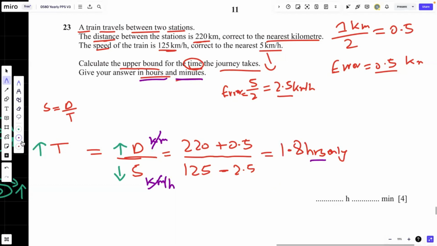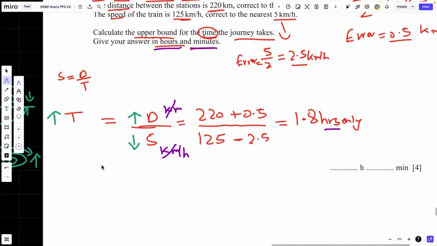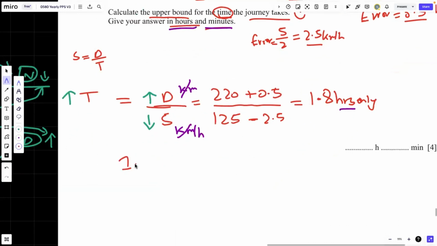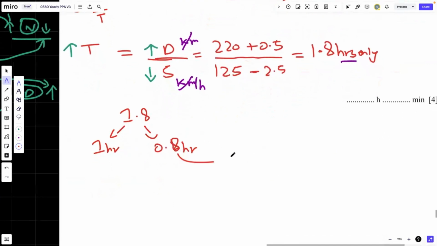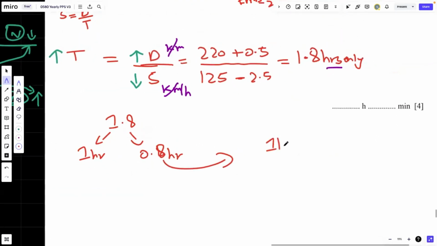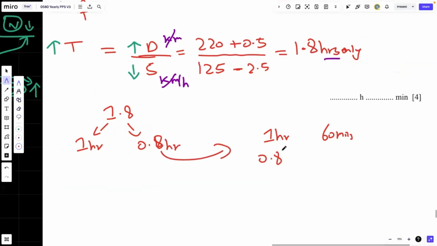So we'll just convert it without using a calculator. We do have a feature on the calculator as well to do this, but 1.8 we do know has 1 hour obviously and 0.8 hour. Now we need to figure out for this 0.8 hour, since 1 hour has 60 minutes, how much does 0.8 hour have?